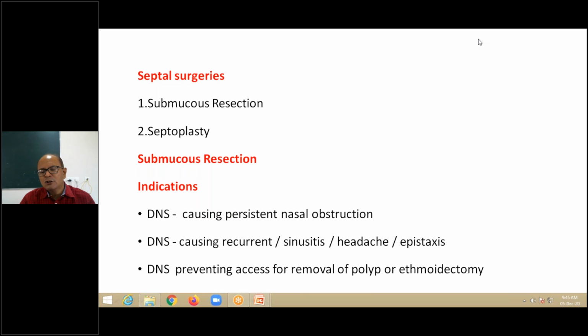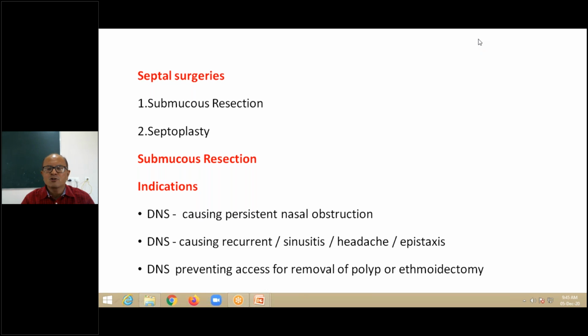You can also suture the cartilage onto the maxillary crest by drilling and making openings so that the cartilage remains on the maxillary crest and doesn't come out. That also you can do, but it is easier said than done. Whereas suturing to the anterior maxillary spine looks okay to me.